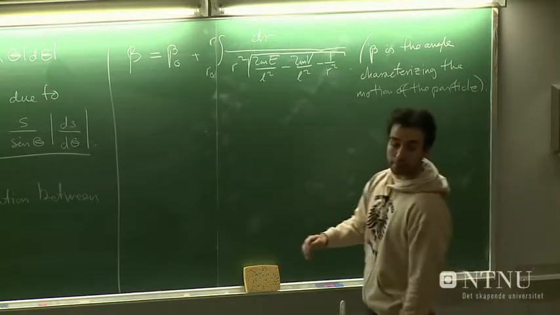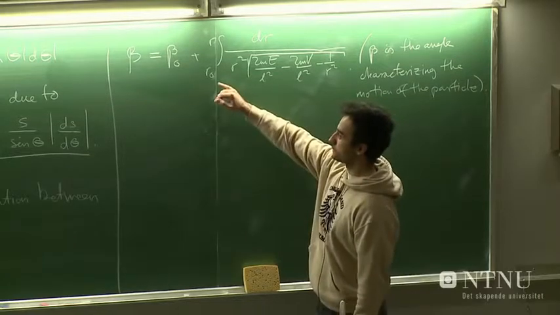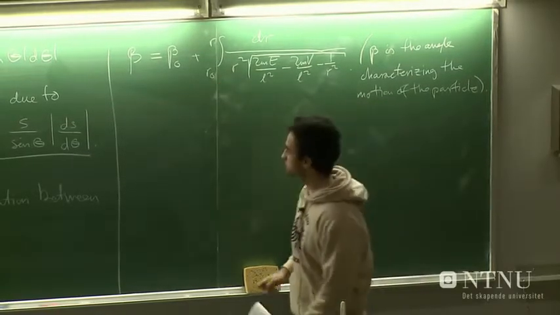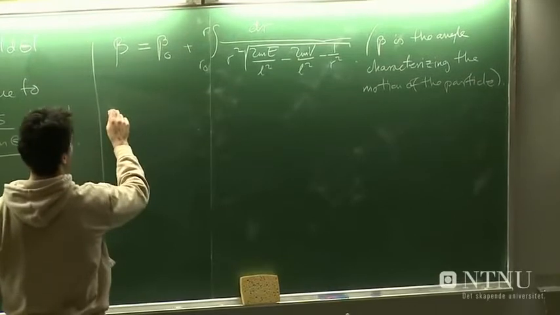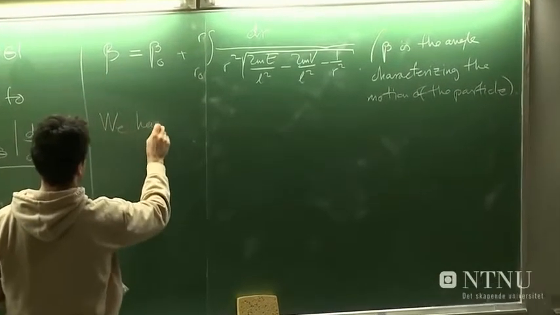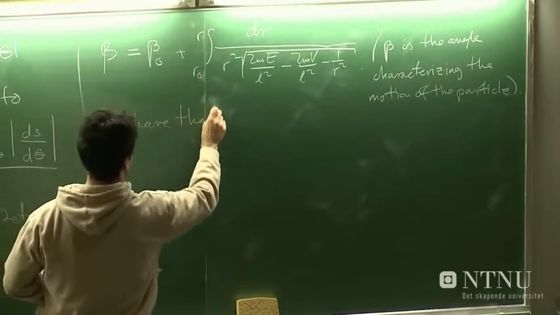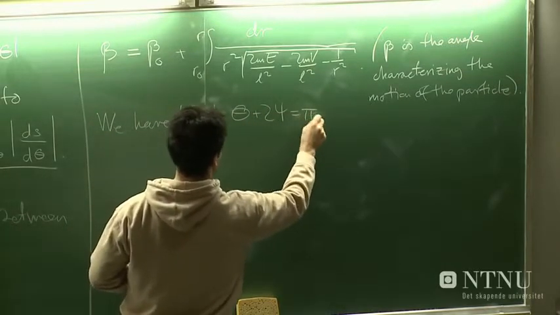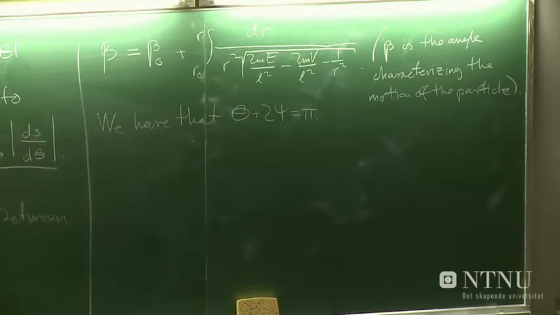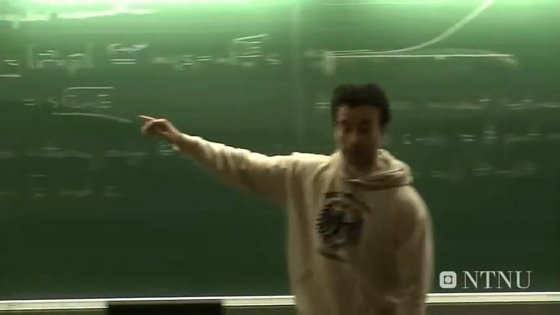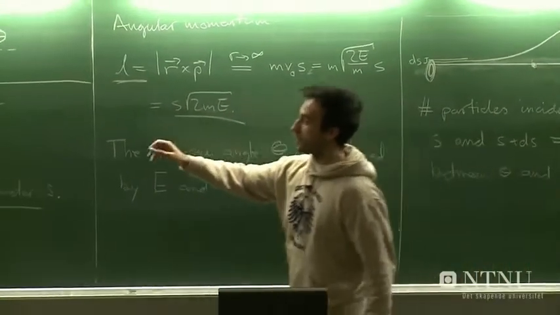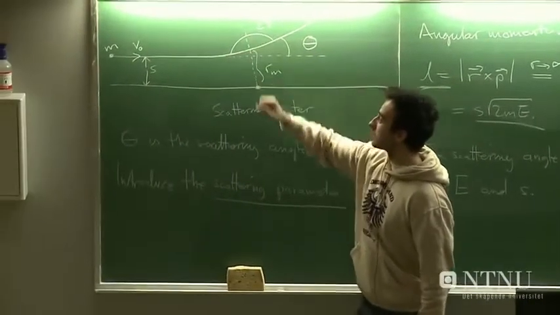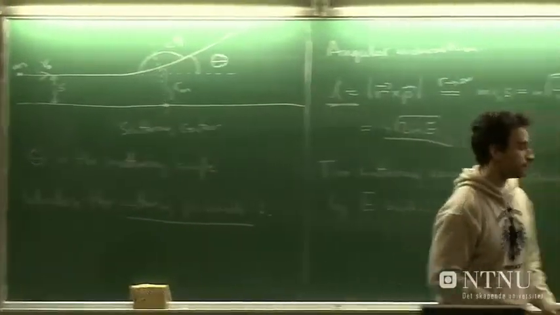Okay. So let's see now if we can make some good choice for these integration limits. From this figure, from the way we define the scattering angle, we have that theta plus 2 psi here is equal to pi.